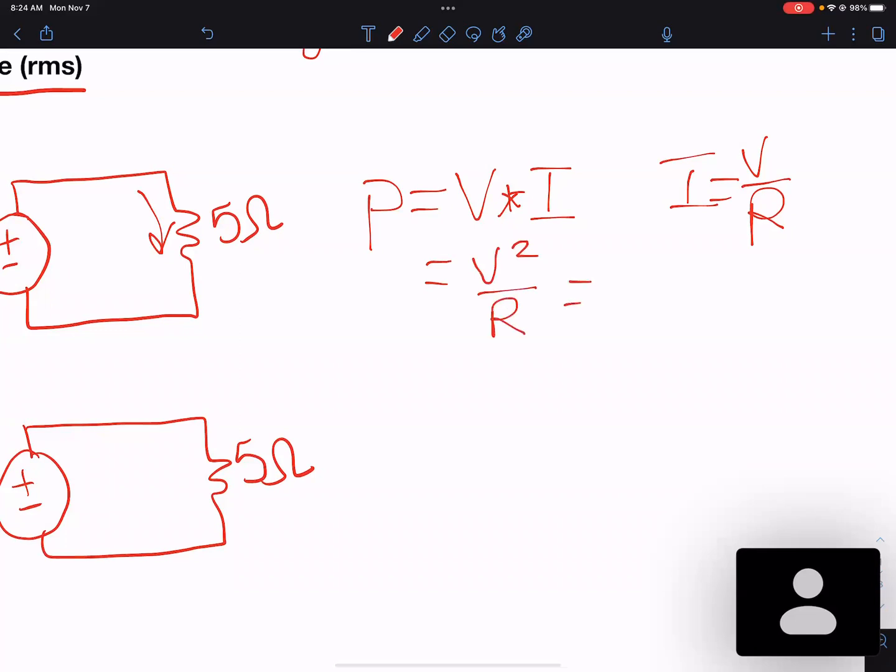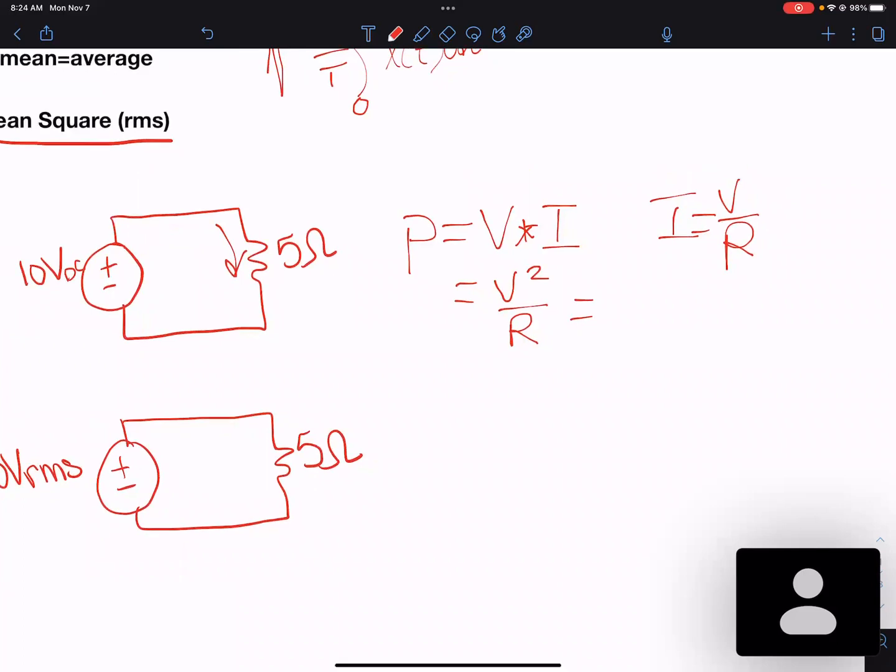So, wait, V over R, yeah, that is right. So what would this be here? So 20, is that right? 20 watts.